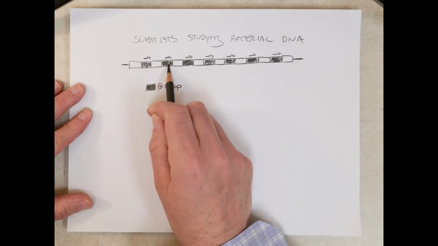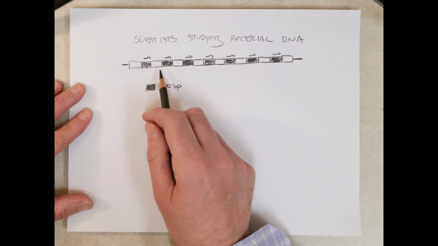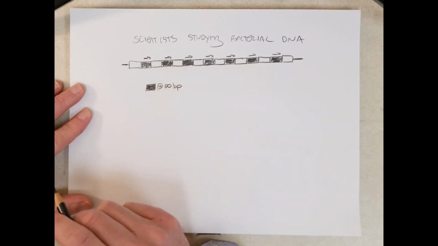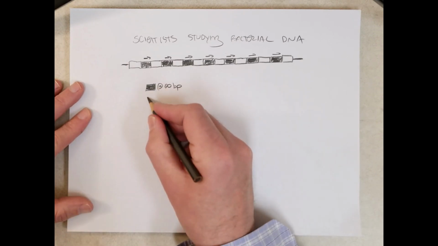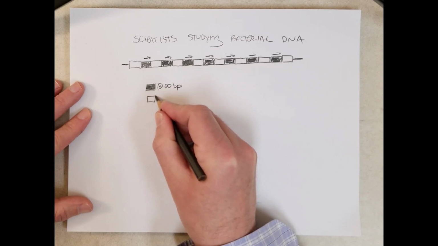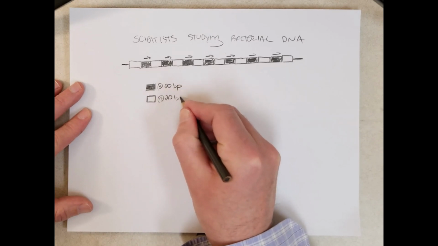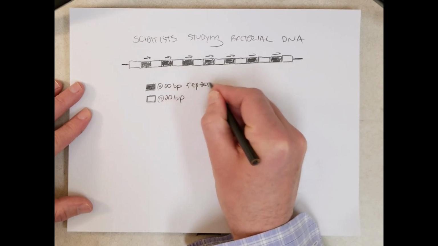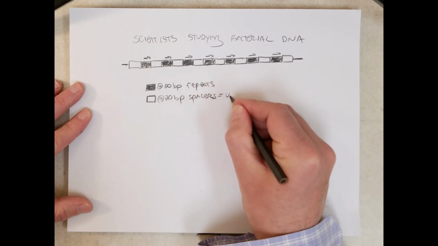So the repeated sequences are identical, and they're found one after another in a cluster in a certain location of a bacterial chromosome. And the intervening sequences, the spacer sequences, were also about 20 base pairs in length. Okay, I'll call these repeats. We'll call these spacers. And the spacers were unique.